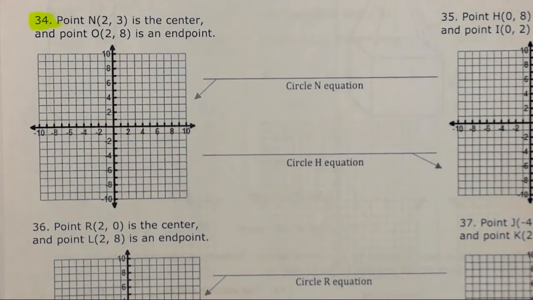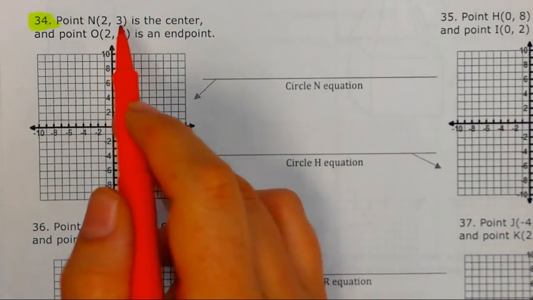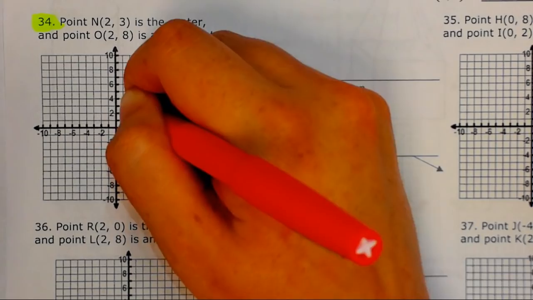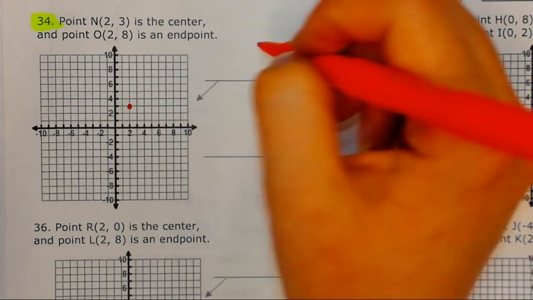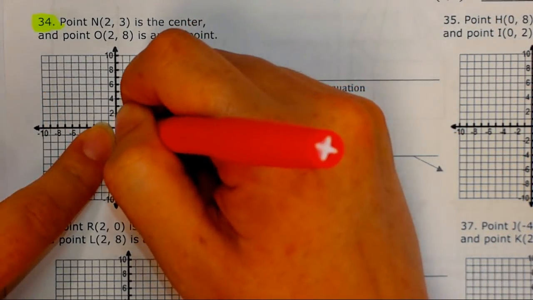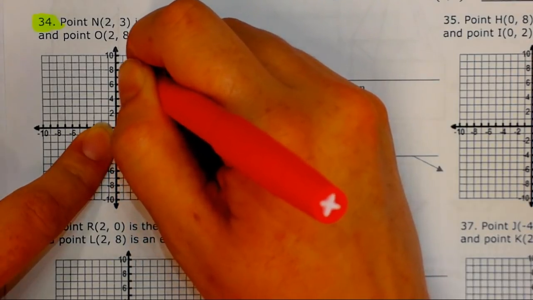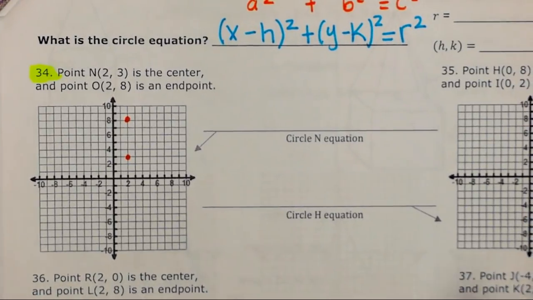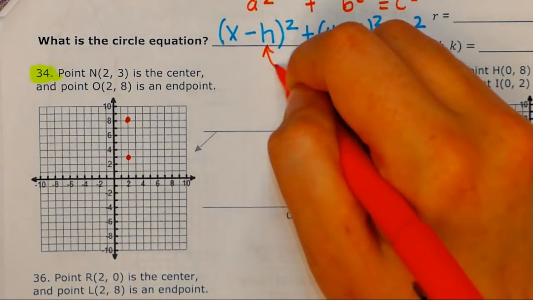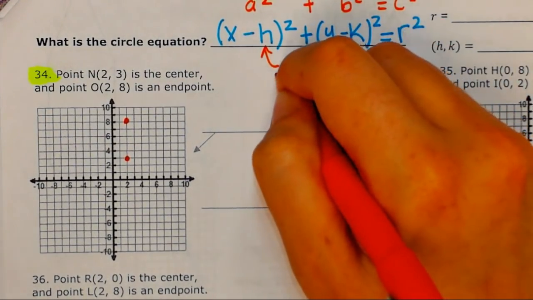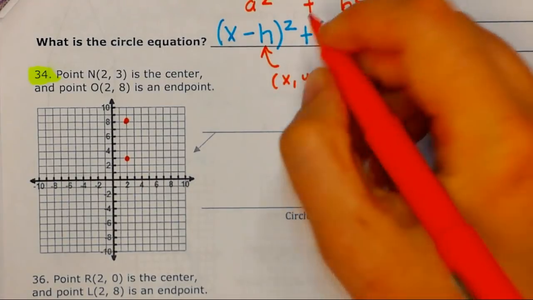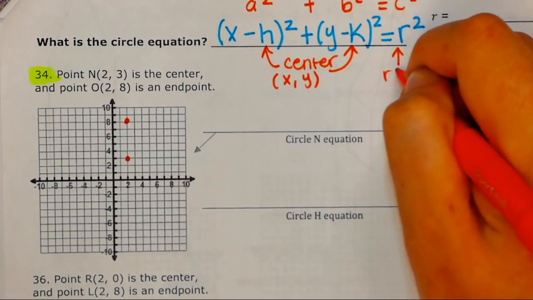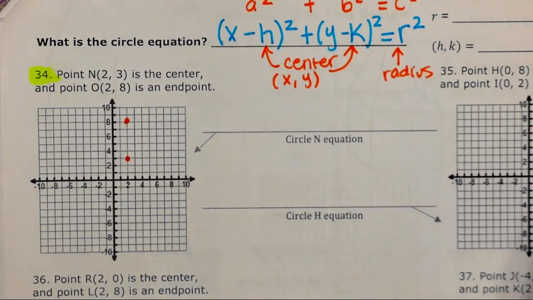All right. So we're given that our center is at 2, 3, and we have an endpoint at 2, 8. In this format, h and k represent the x and y coordinates of the center, whereas r represents your radius.